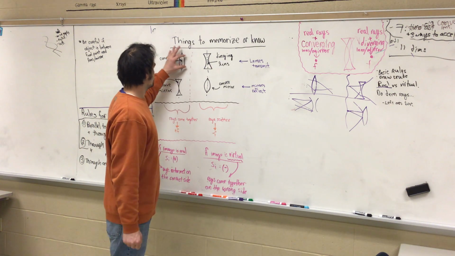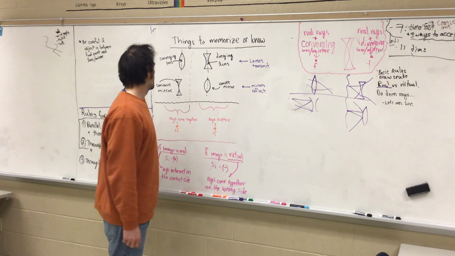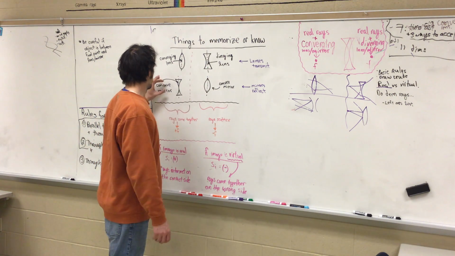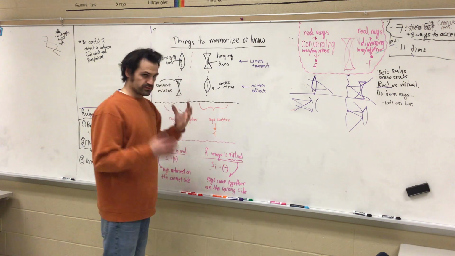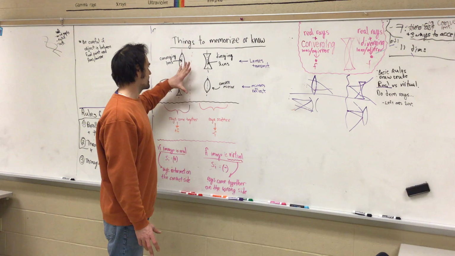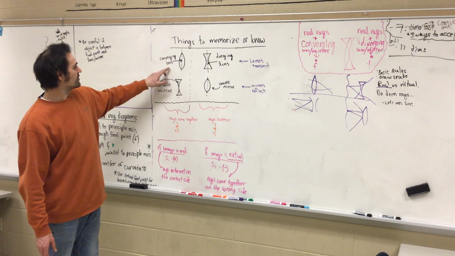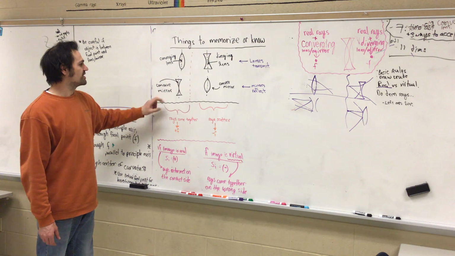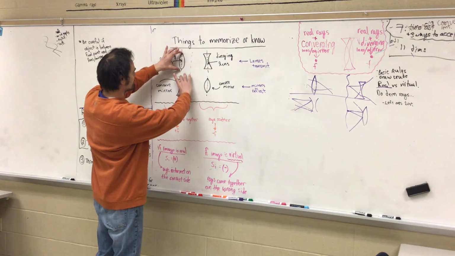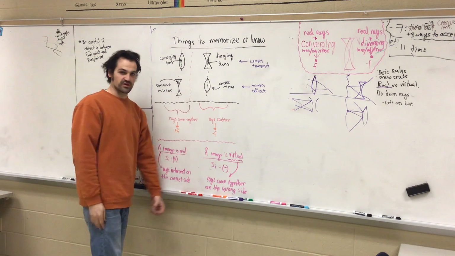So for lenses, since it transmits, it's going to be on the right side. For mirrors, the real rays are going to be on the left-hand side. So let's look at both our converging lens and concave mirror, which makes sense because you could take the converging lens and tuck it right into that little nook of the concave mirror.